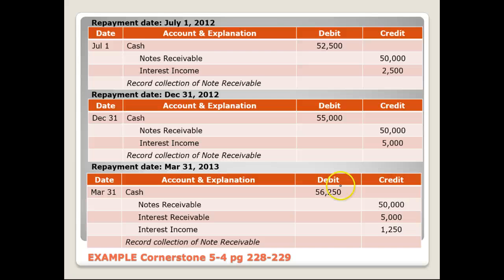Note, again, if it is repaid 15 months later on March 31st, we get a total of $56,250. Of that, principal repayment is $50,000, which is a credit to notes receivable. Interest receivable, which had been accrued at the end of 2012, is now cleared to the tune of $5,000. And there is an additional $1,250 worth of interest income that occurred in 2013.